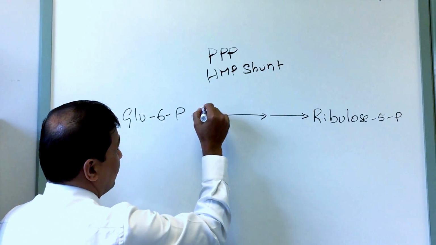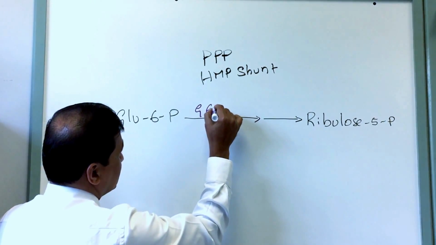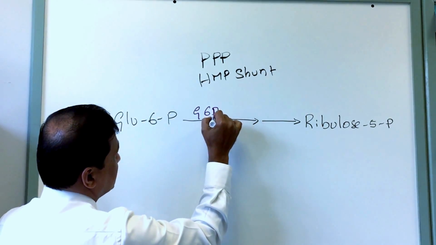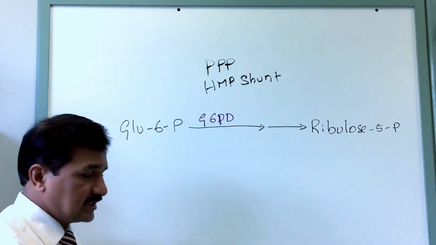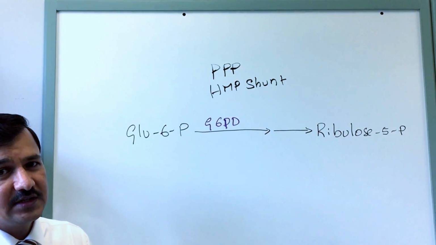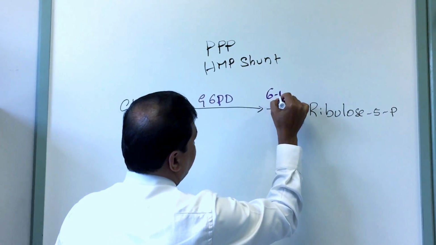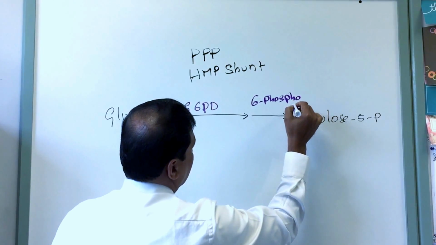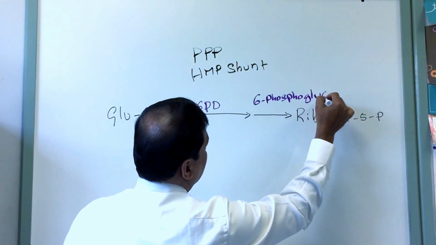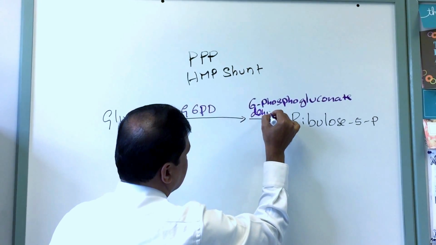The very first enzyme is glucose 6-phosphate dehydrogenase, which I'll write as G6PD, and the other enzyme is 6-phosphogluconate dehydrogenase.